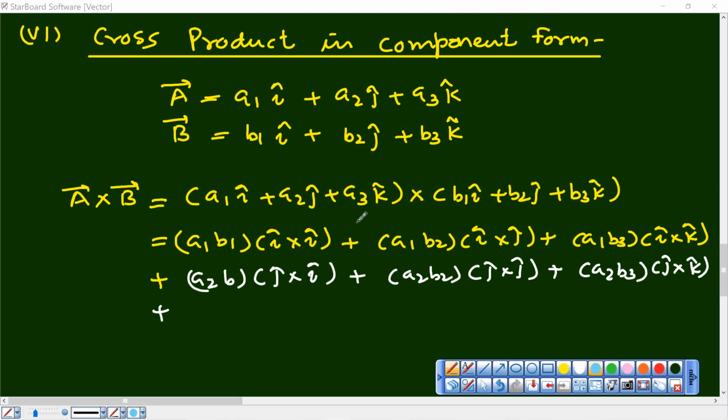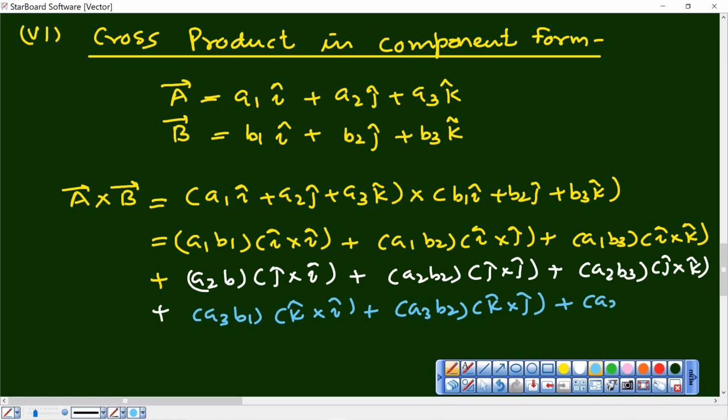Now these will get distributed on these 3, and there will be A3 B1 k cap cross i cap, A3 B2 k cap cross j cap, and A3 B3 k cap cross k cap.